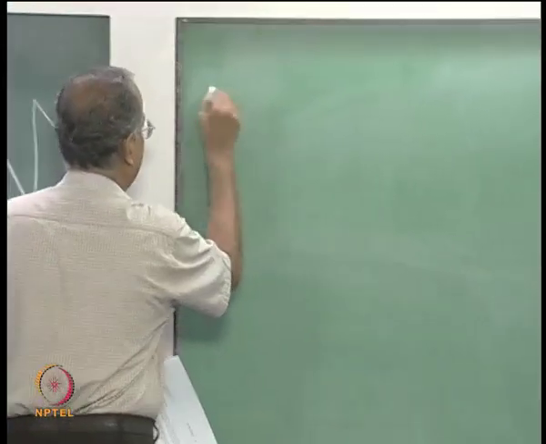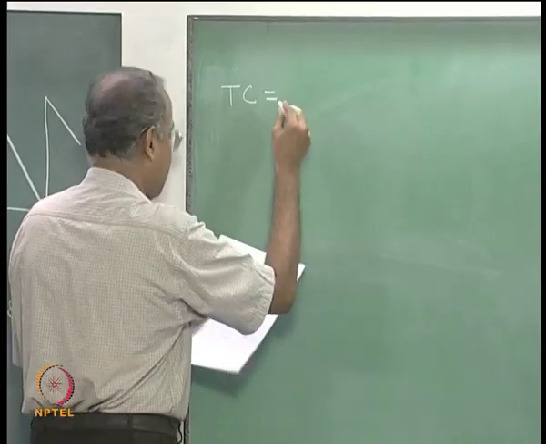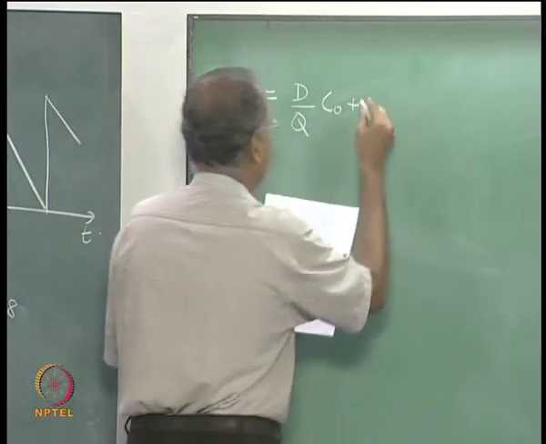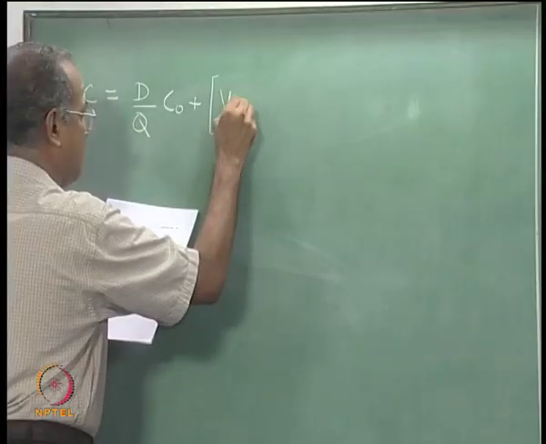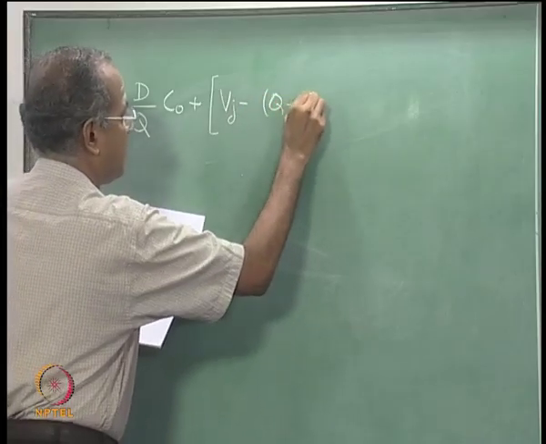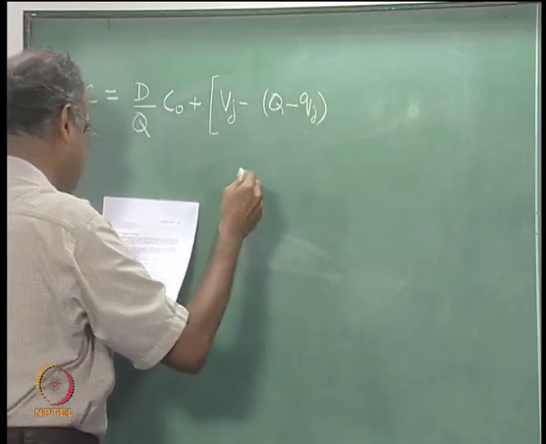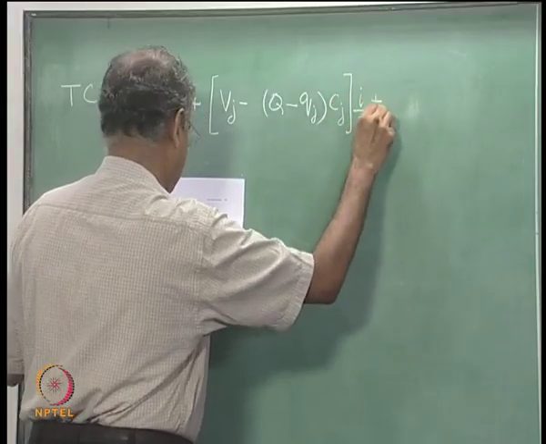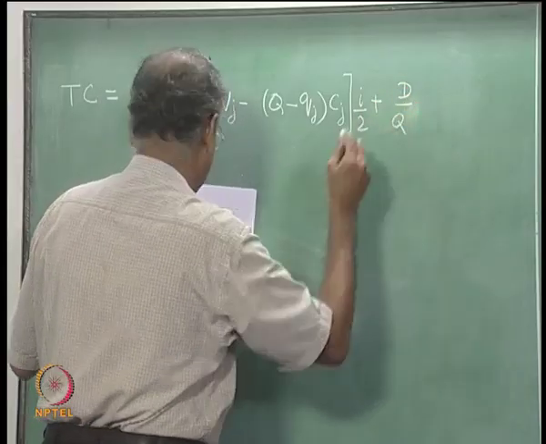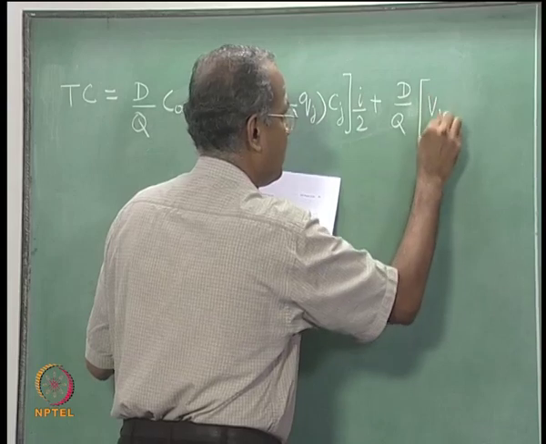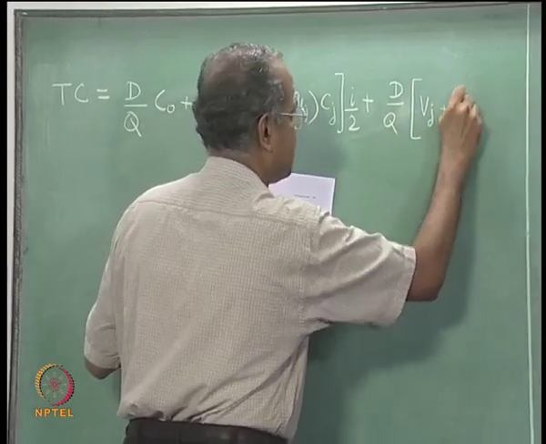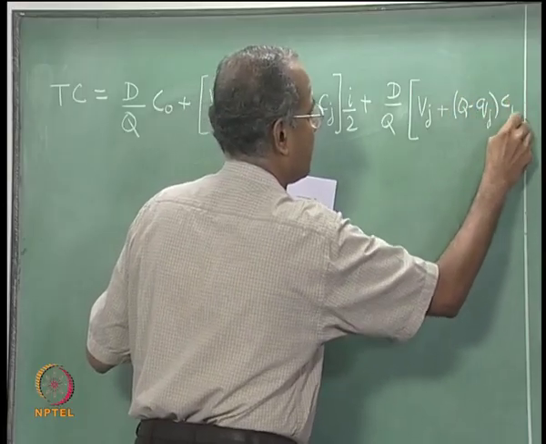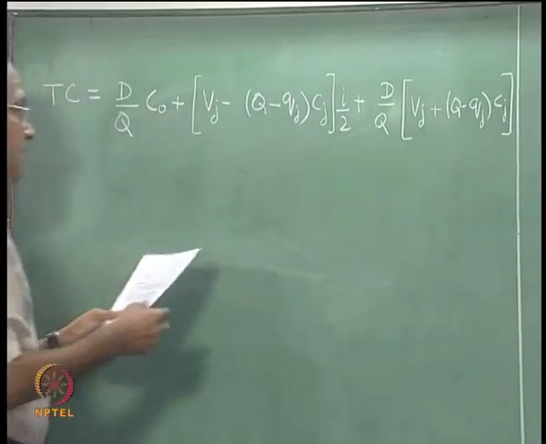The derivation will be as follows: TC is equal to D by Q C naught plus (V j minus Q minus Q j) into C j into I by 2 plus D by Q into (V j plus (Q minus Q j) into C j).